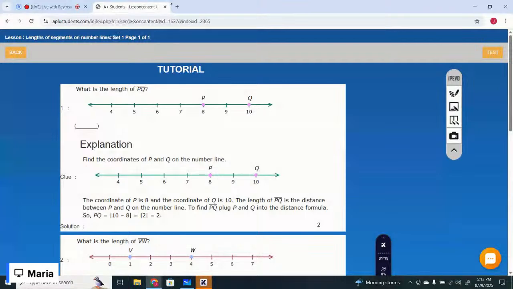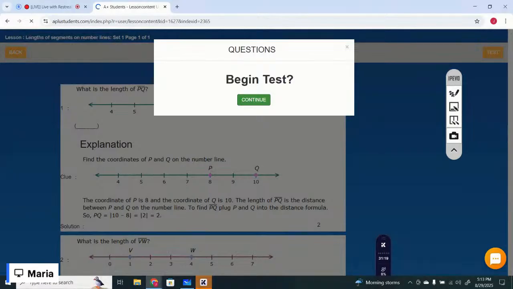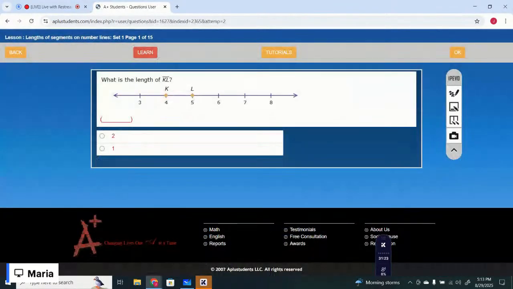Let's just start with the test questions. What is the length of KL? That is 1.